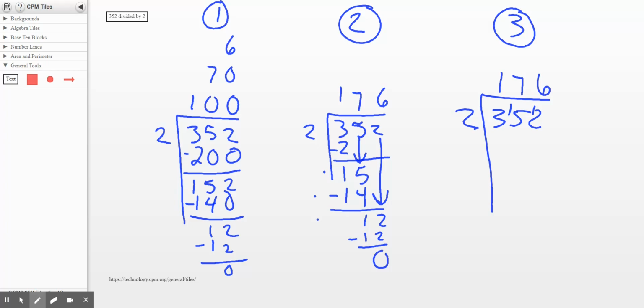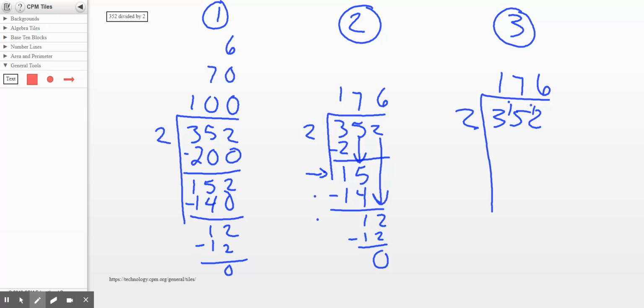Well, the arrows are just bringing down my focus. So here I've got 100 left over, and now I'm going to deal with the tens. So it's just a way of bringing that into focus for you. Method 3 doesn't have all of that extra writing in there. Method 3 is simply showing you how much is left over by putting it up in these little spots here. So if I have 3 100s and I've used up 2 100s, I have 1 100 left over.